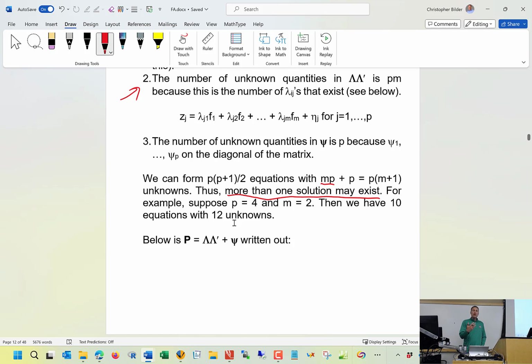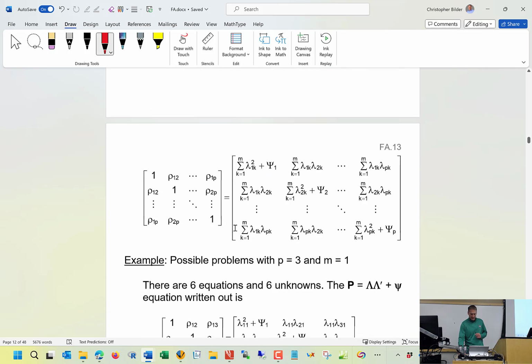So we have 4 original variables, and we have 2 common factors in our model. What that means is that we will have 10 equations that we can write out, but we have 12 unknown values. So that can be a problem for us.